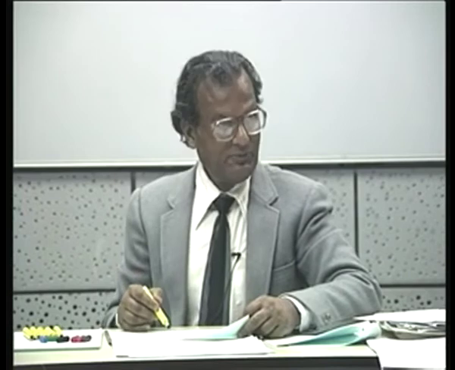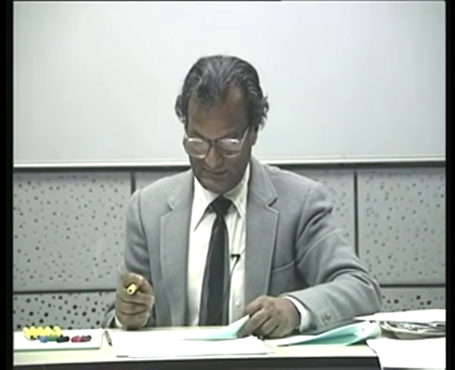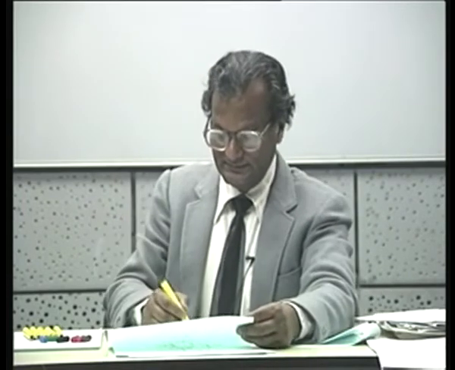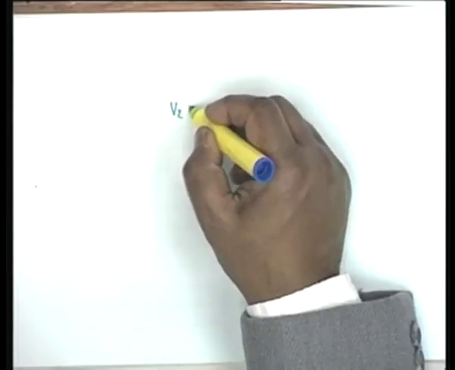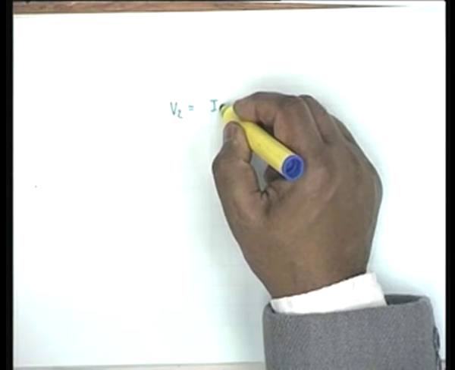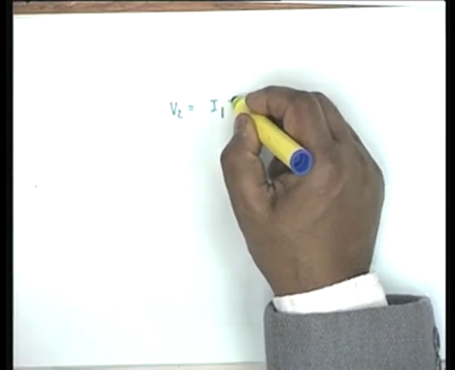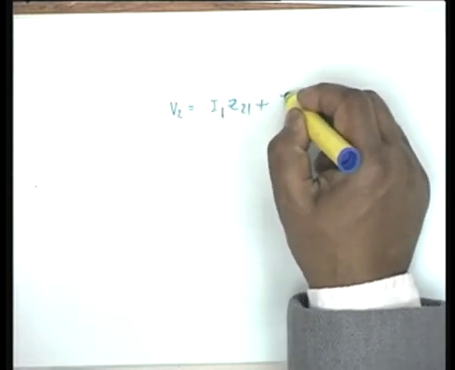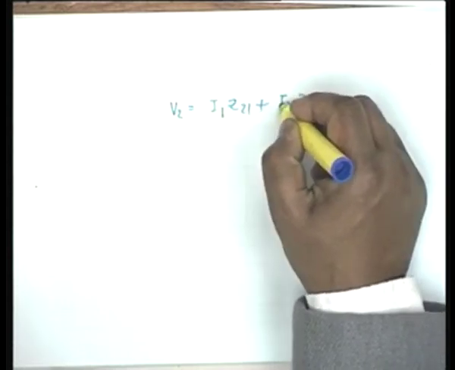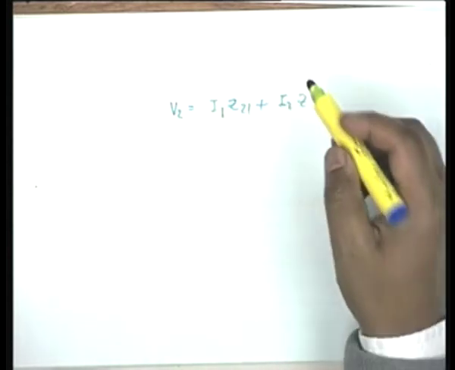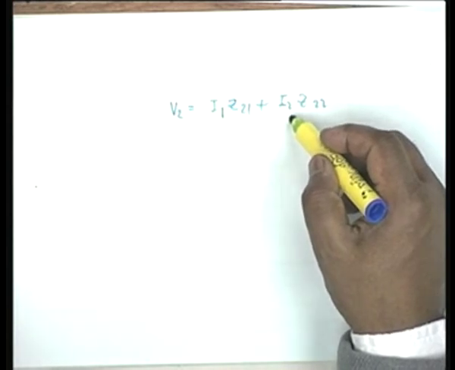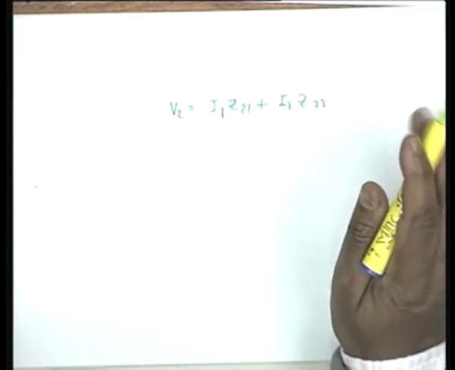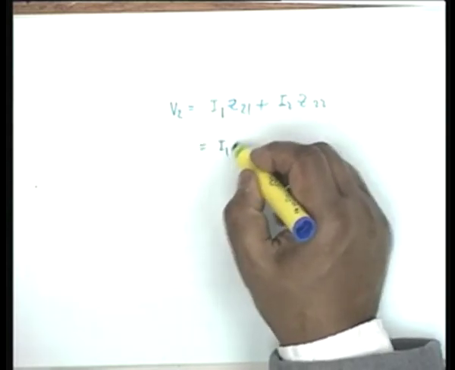If I keep this open, you see V2 equal to I1 Z21 plus I2 Z22. If I keep I2 open, I2 is 0, then this would be equal to I1 Z21.